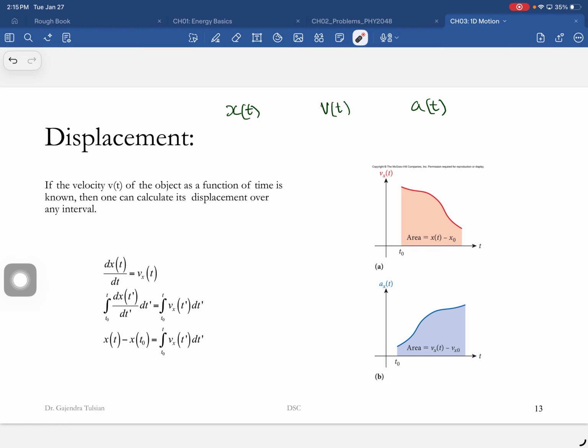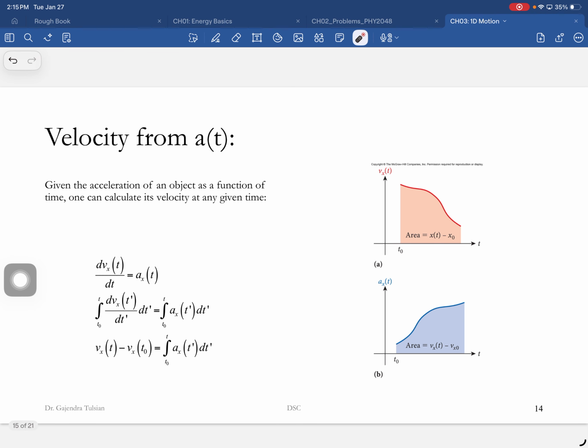Again, here's the displacement in terms of average velocity, but we won't use that too much. So we'll use these 3 functions. Velocity is a linear function of time. This is your velocity at a given time: final velocity is initial velocity plus acceleration times time.